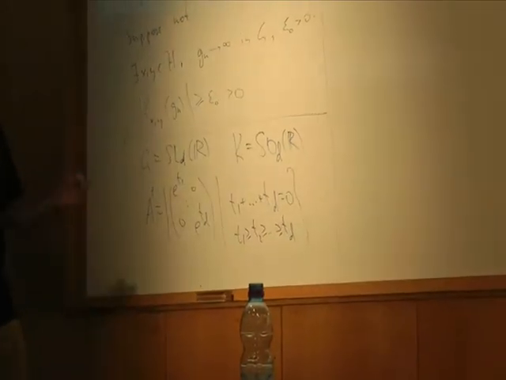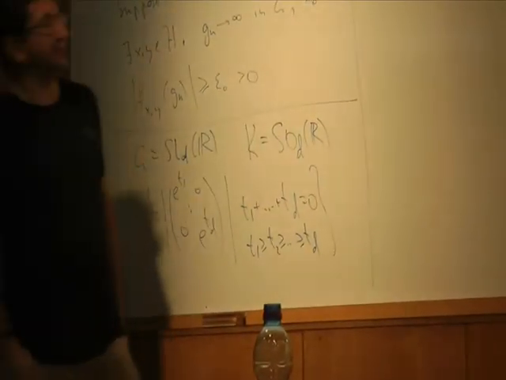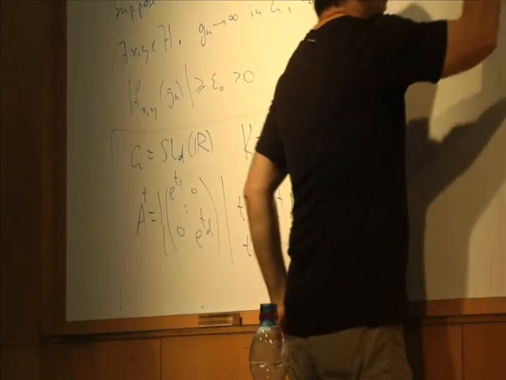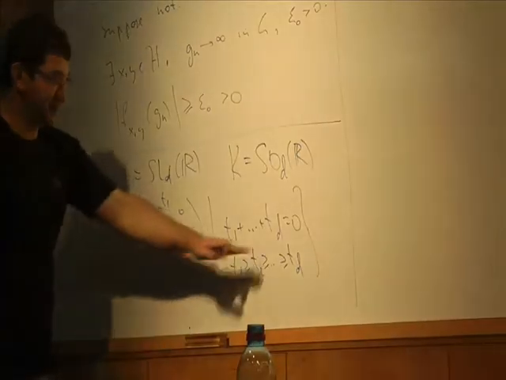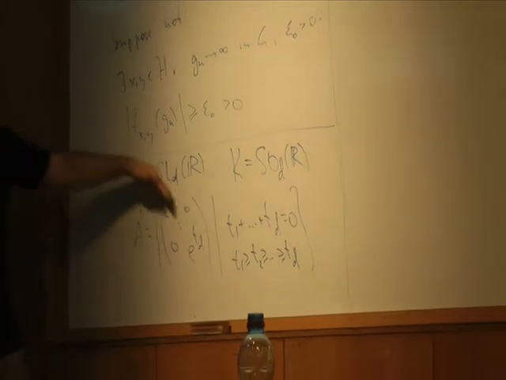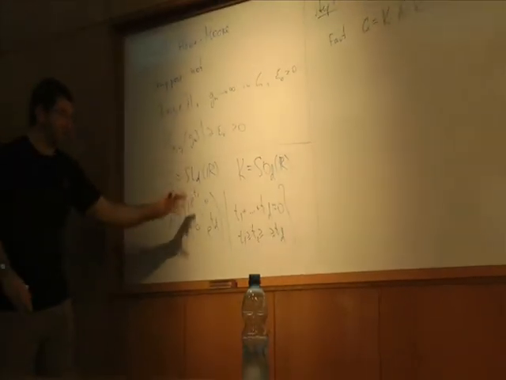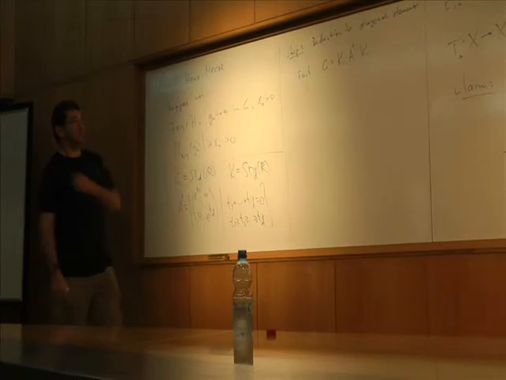So you can always arrange this middle thing to be diagonal with decreasing or non-increasing entries, exponents. This is by just permutation, which can be absorbed into K.